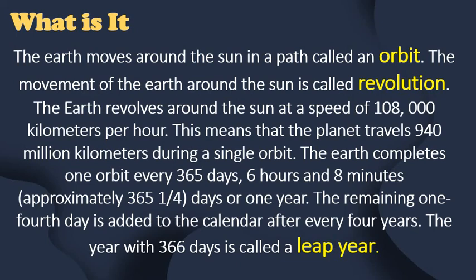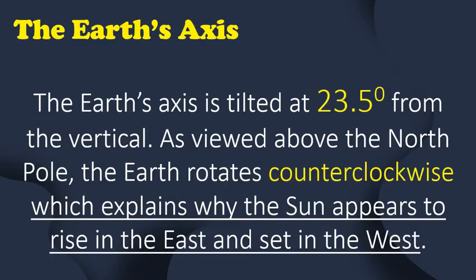The Earth completes one orbit every 365 days, 6 hours and 8 minutes, approximately 365 and 1/4 days or 1 year. The remaining 1/4 day is added to the calendar after every 4 years, and the year with 366 days is called a leap year.